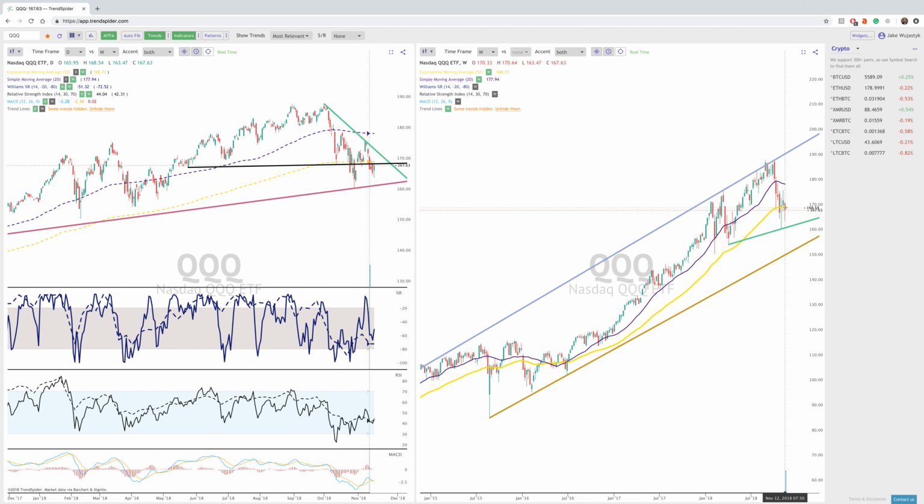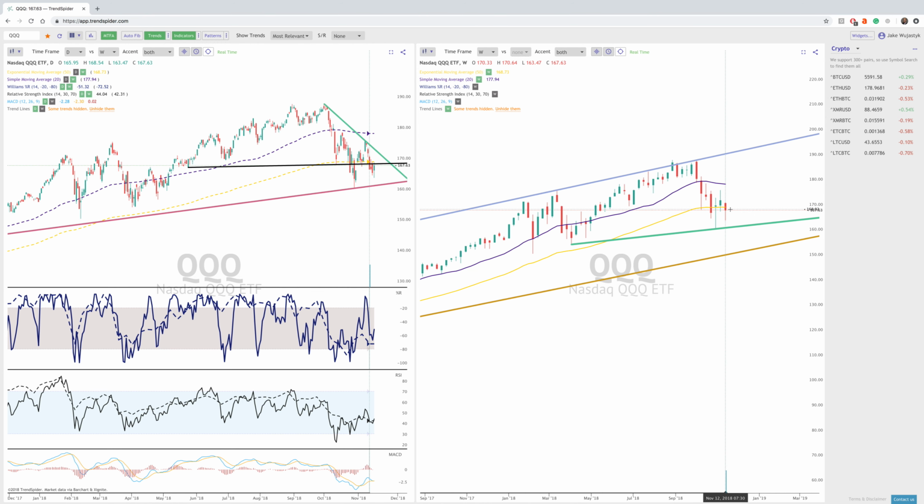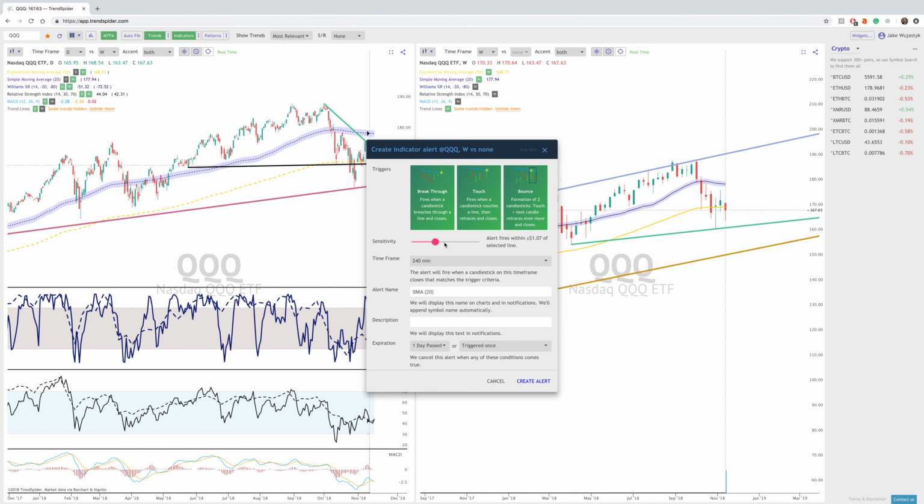If we continue to break down here, we could easily test this channel support below around 160 to 162 again. Now, if this finds a bottom, the next area to watch would be the SMA above. So we can easily create an alert there for a breakthrough, touch, or bounce with medium sensitivity.